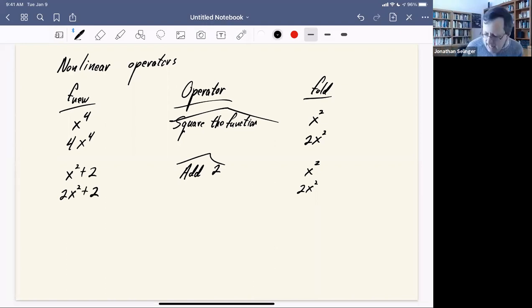And you can see that 2x squared plus 2 is not double x squared plus 2. And so this is another example of something that is not a linear operator by this definition of the term linear. That one is sometimes not obvious to students.